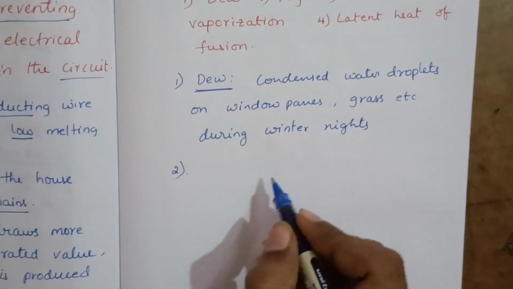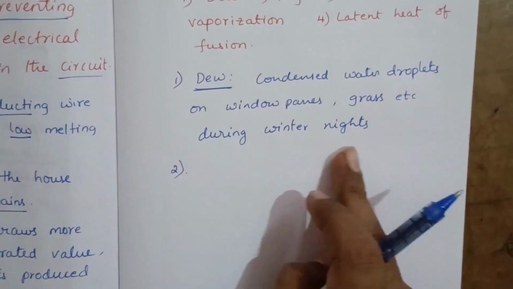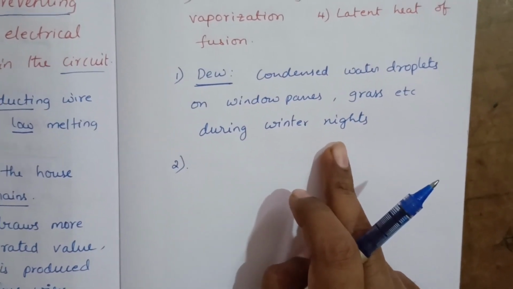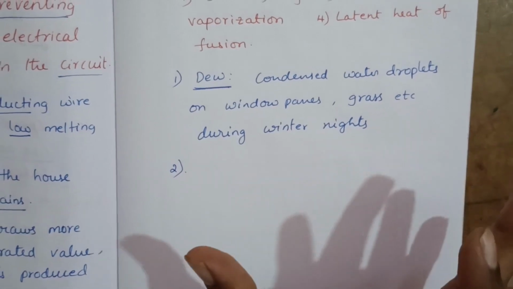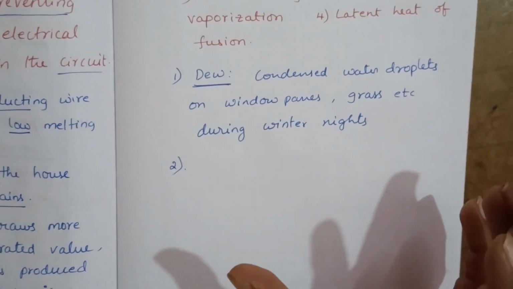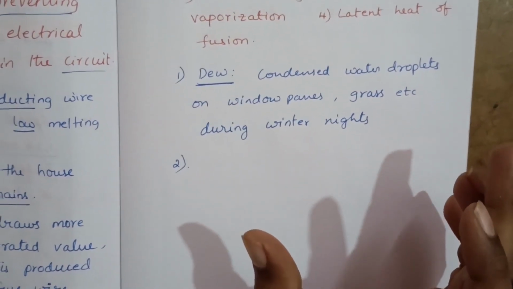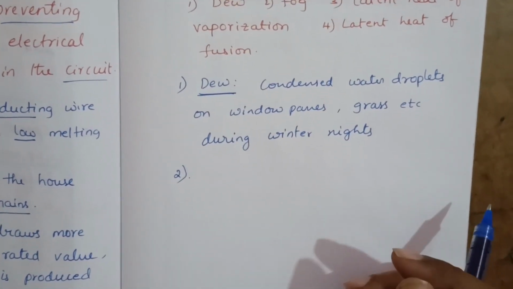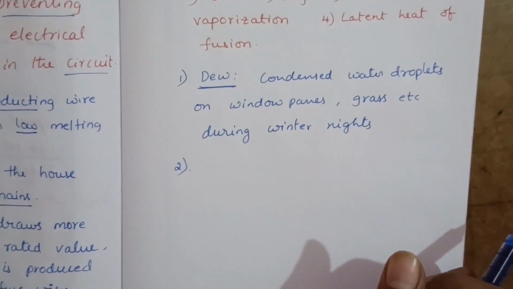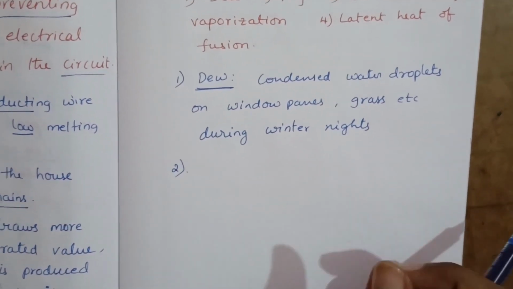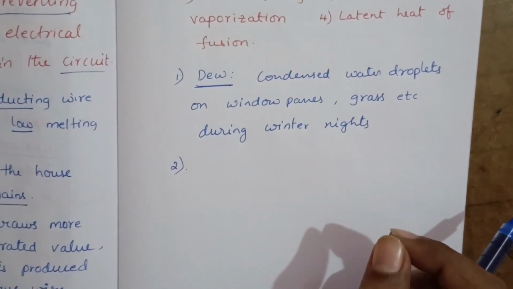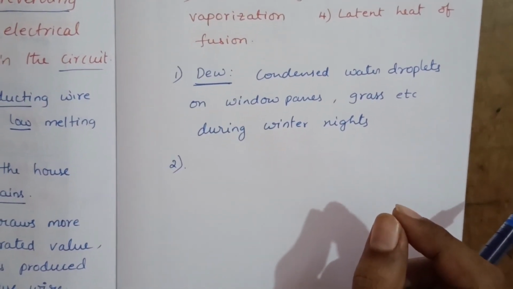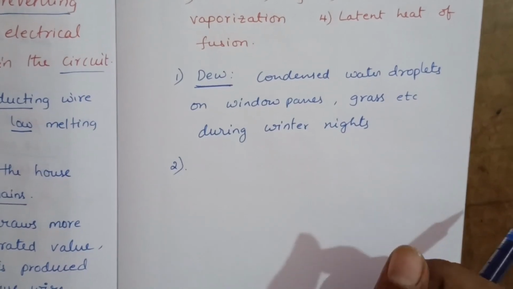Okay. Next, if the temperature decreases still further, the region in the atmosphere where water vapor is present will condense on the dust particles in the air and form small droplets of water.